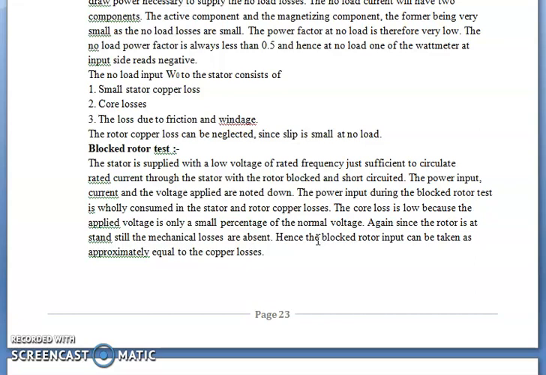Here the rotor is first blocked, then supply is gradually given through the auto transformer. As the speed of the induction motor is almost standstill, whatever losses appear in the machine are equal to copper losses. Hence, for calculation purpose, the information we obtain through the block rotor test gives information about the copper loss present in the machine.